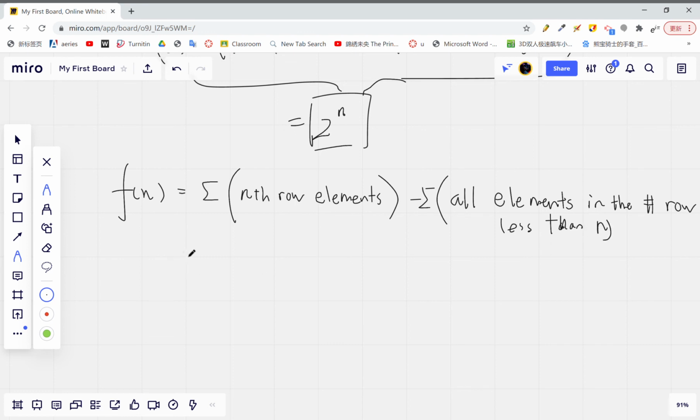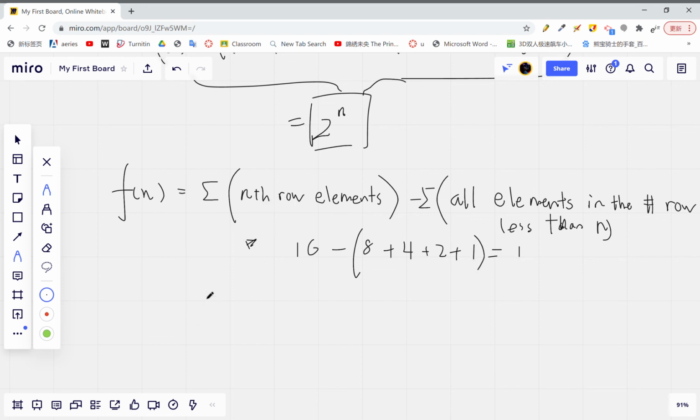So let's say it's the fourth row, or my third row. So the fourth row is 1, 4, 6, 4, 1, which sums to 16. And then we get 8 plus 2 to the third is 8, plus 2 to the second is 4, plus 2 to the 1 is 2, plus 1, which is just 1. Then this is what they're asking.